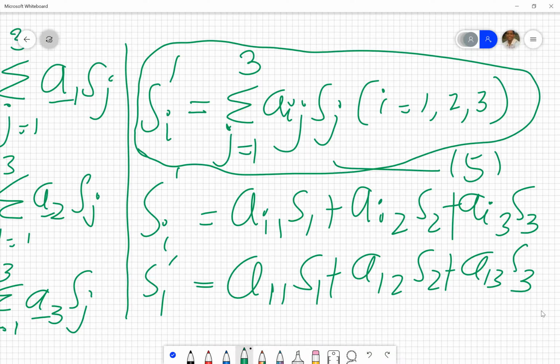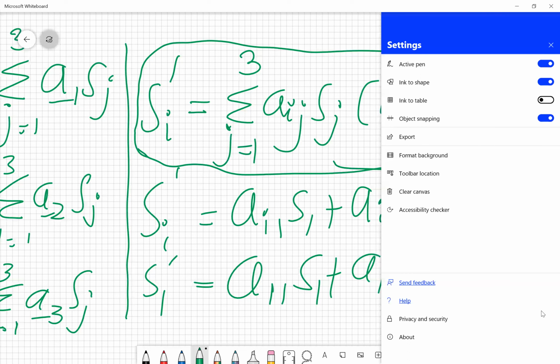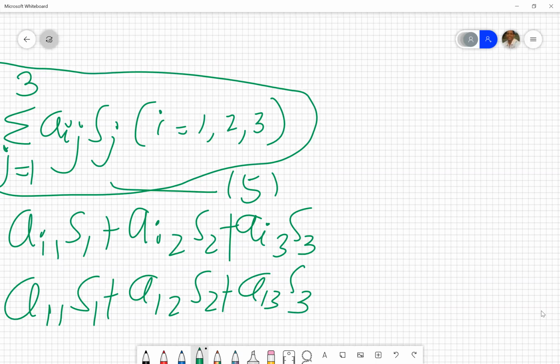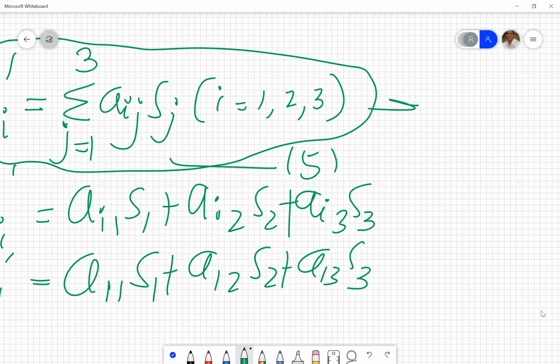So we can write these equations again in a very simplified format, that is si dash is equal to aij sj.